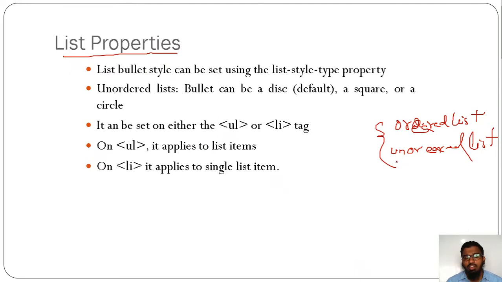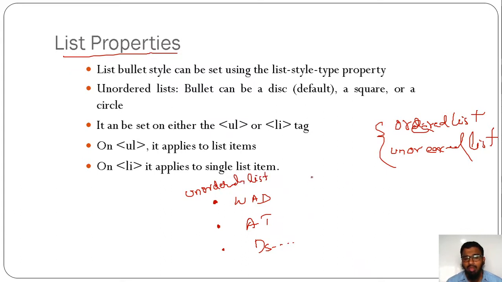In an unordered list, as we studied, when we write something, it displays point-wise, like subject names WAD, AT, TS. This is an unordered list.